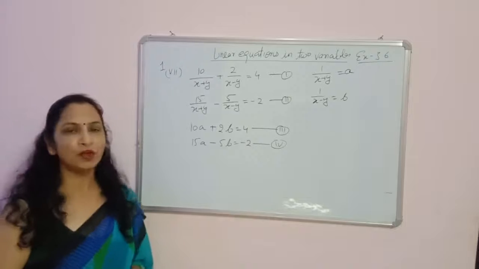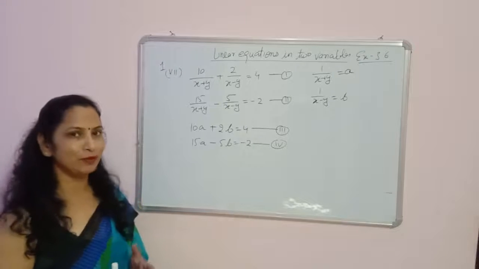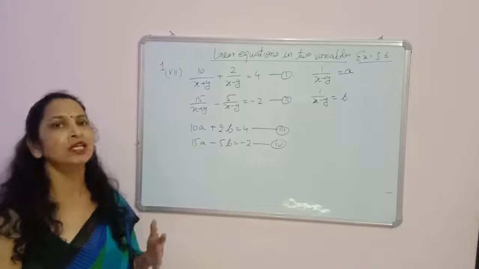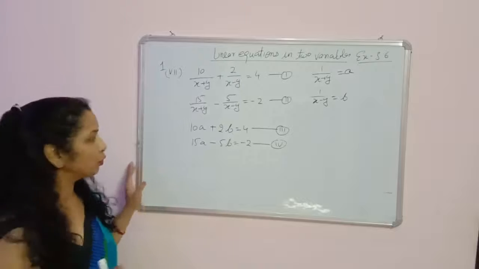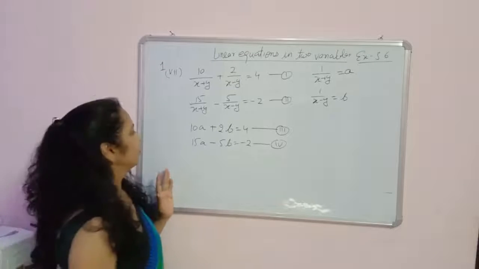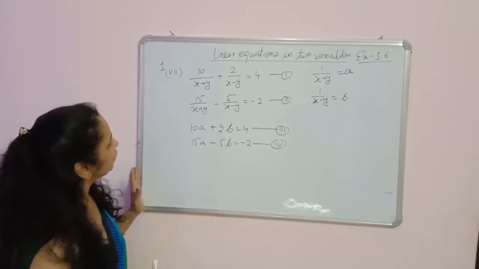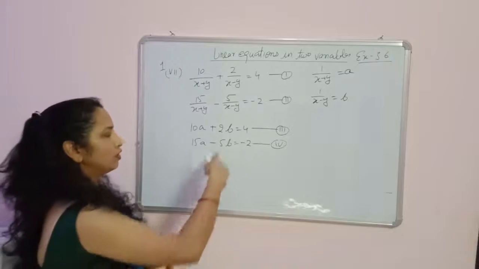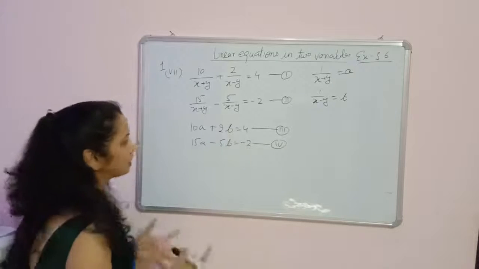Again, if you want to simplify it by any of the methods like elimination, substitution and cross multiplication, the easiest method is the elimination method. If I am going to solve these equations by elimination method, suppose we are going to make the coefficient of b the same.